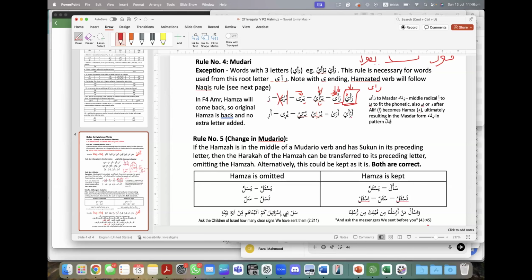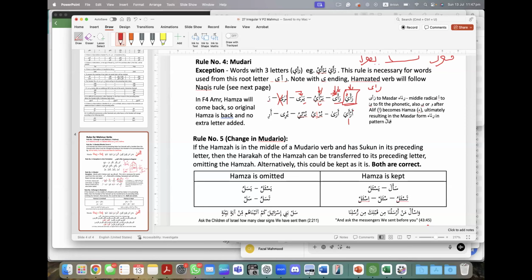Okay, araya, the original mudari from ara: alif, ra, and ya. Same way, araya, just alif maksura effect here. Same way, notice the changes in the middle here.